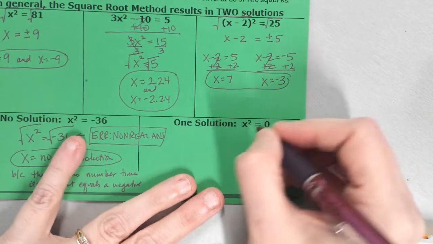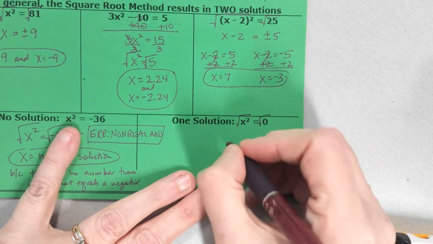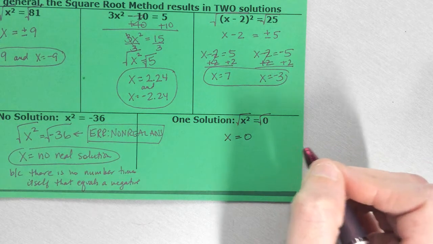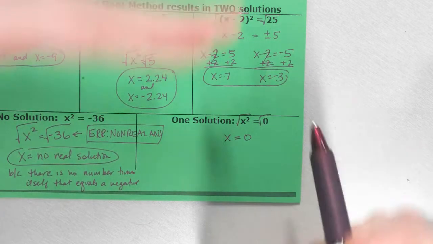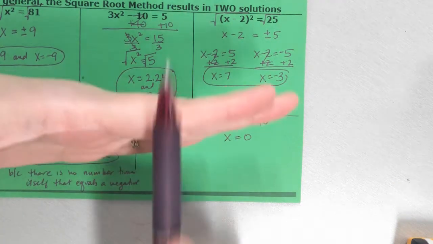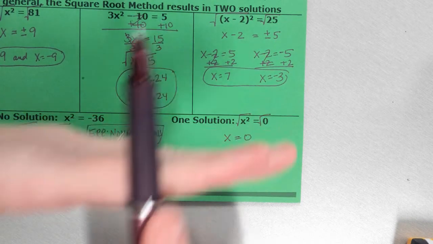Now, over here, one solution. The only x equals 0, because remember we talked yesterday about how 0 is neither positive nor negative? We talked about how when we look at the coordinate grid, numbers that are on the axes are not in a quadrant because the 0 doesn't have a sign.